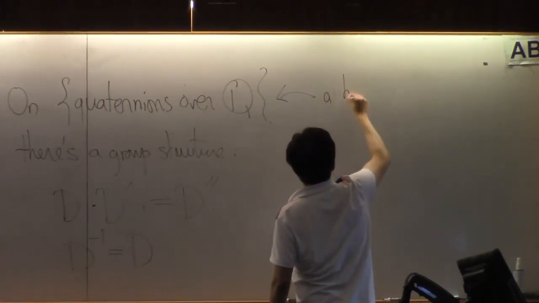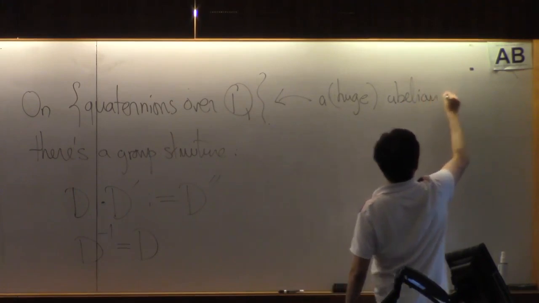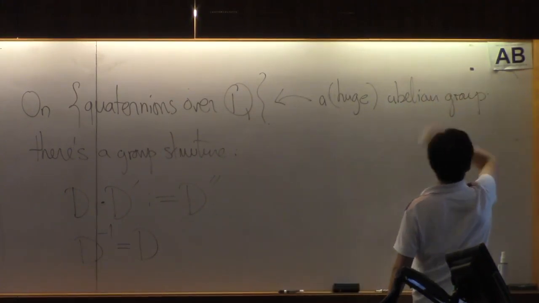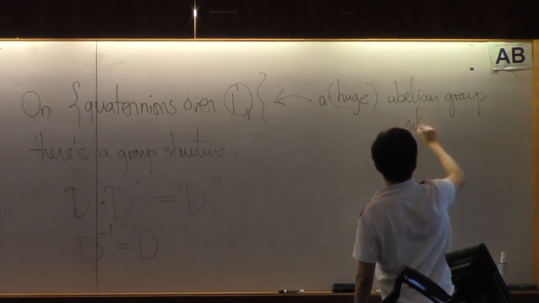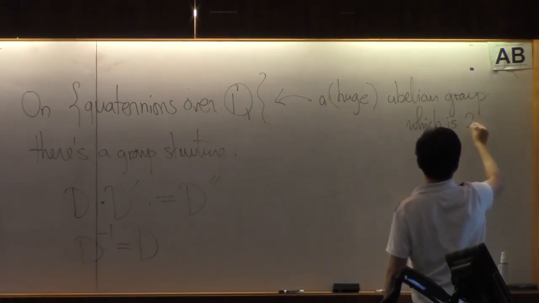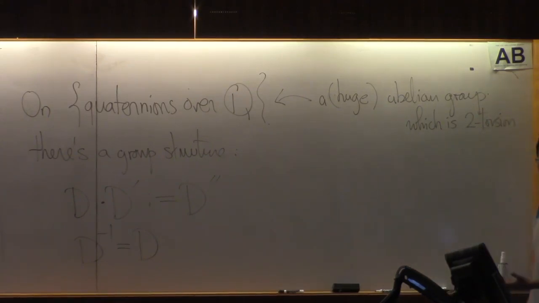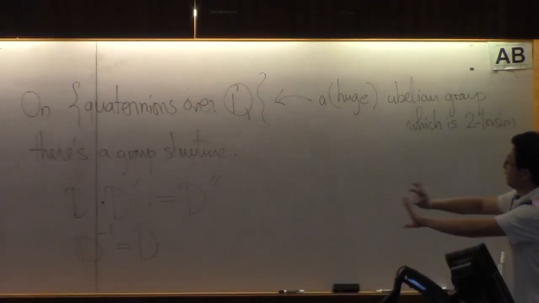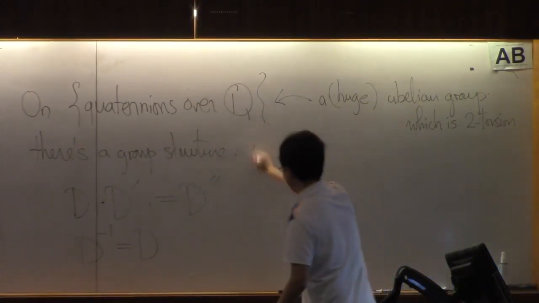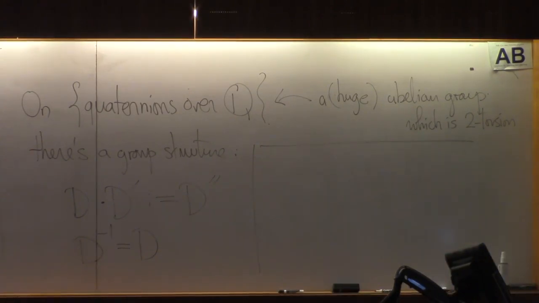Maybe I should say a huge abelian group, which is 2-torsion. Every element is killed by 2, because D times D is the identity. You can really check that this works. It's going to take a while to actually do. Or actually, you can use a little bit of the theorem.